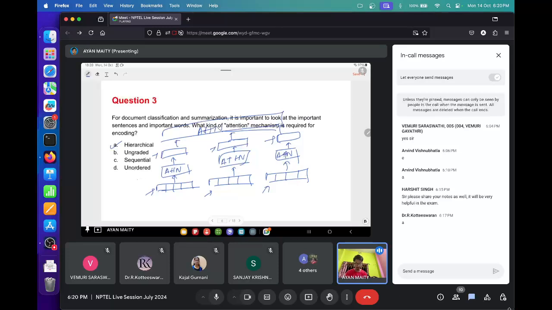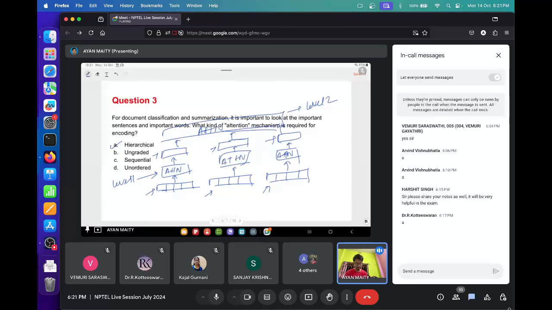This is the level 1 attention, and this is the level 2 attention. The first level of attention is for individual sentences, and the second level is for the sequence of sentences.